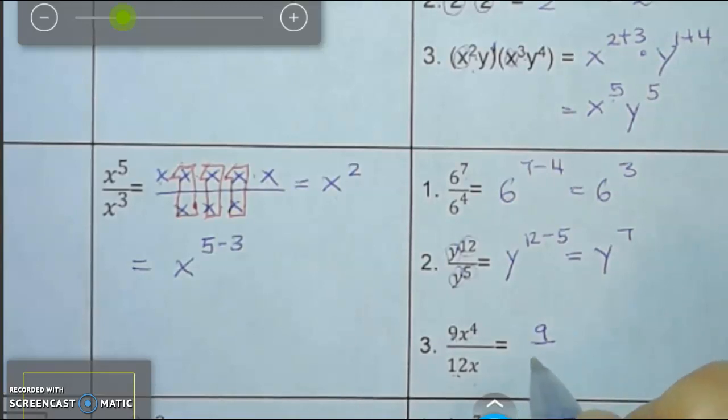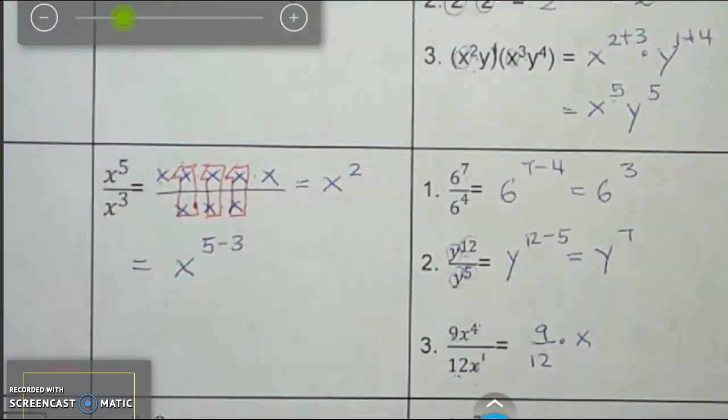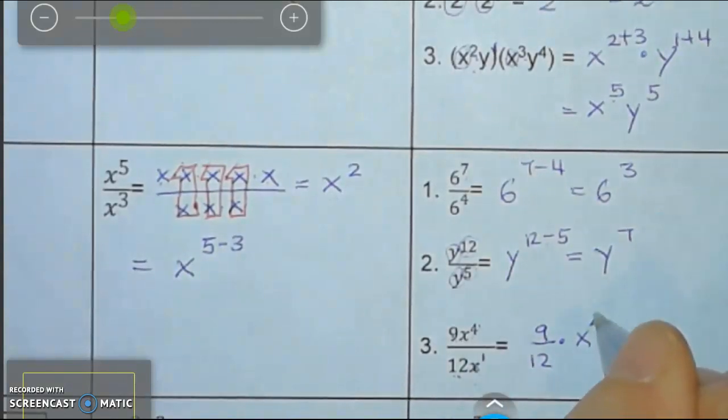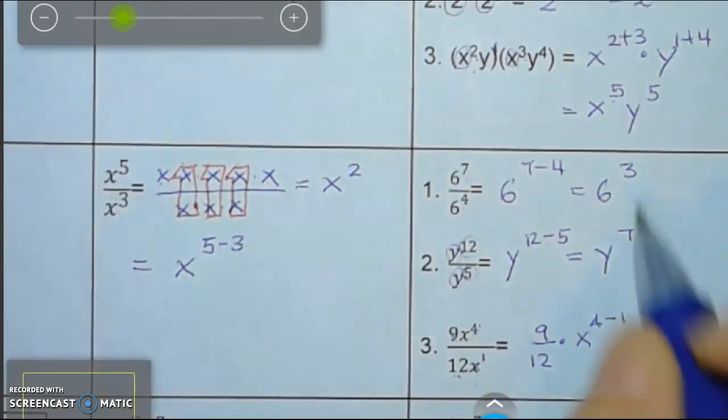This becomes 9 over 12, and we have x to the power of 4 divided by x, and x is really the same as x to the power of 1. x being multiplied by itself 1 time is x to the power of 1. So this becomes x to the power of 4 minus 1.